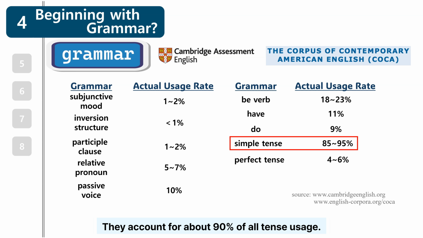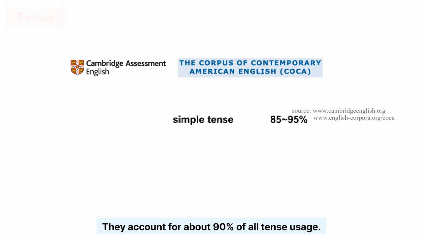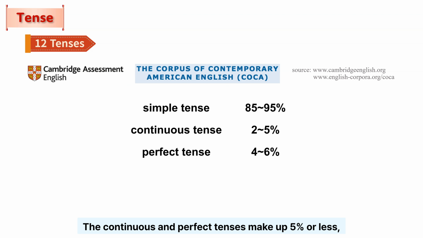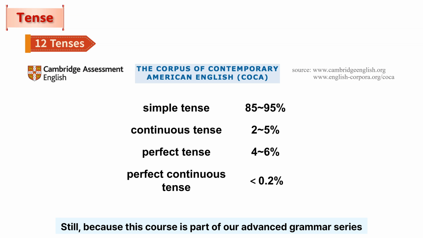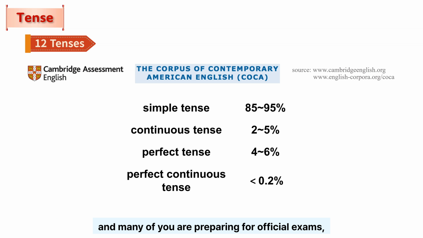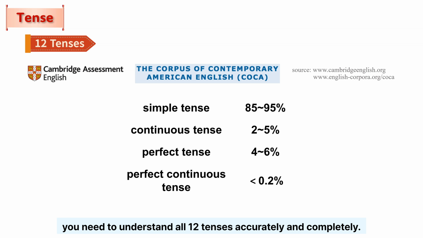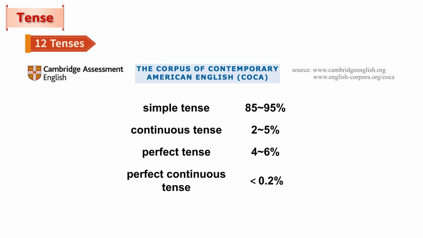They account for about 90% of all tense usage. The continuous and perfect tenses make up 5% or less, and the perfect continuous is rarely used. Still, because this course is part of our advanced grammar series, and many of you are preparing for official exams, you need to understand all 12 tenses accurately and completely.